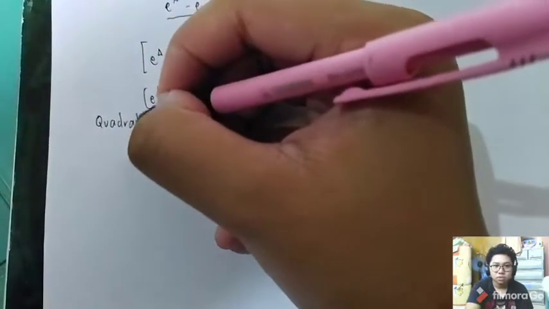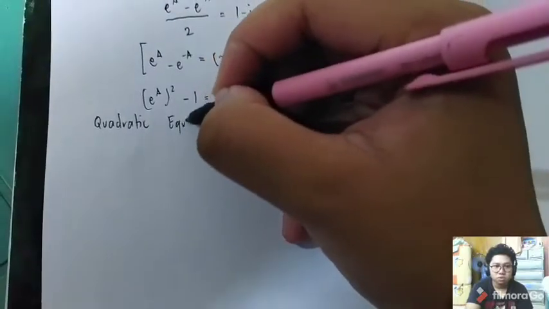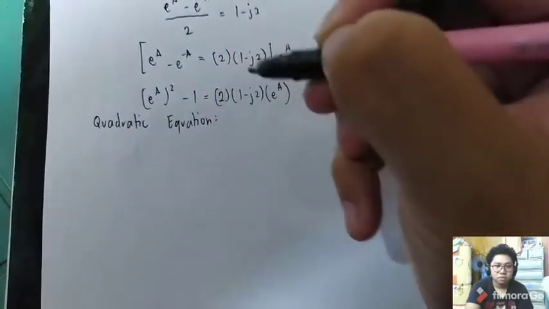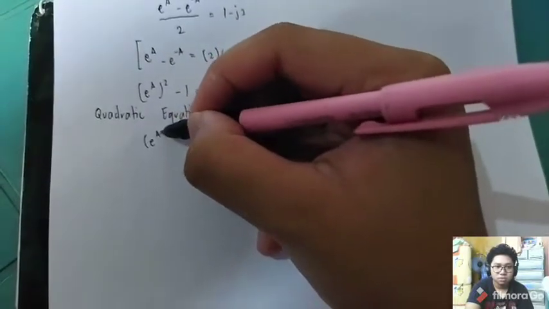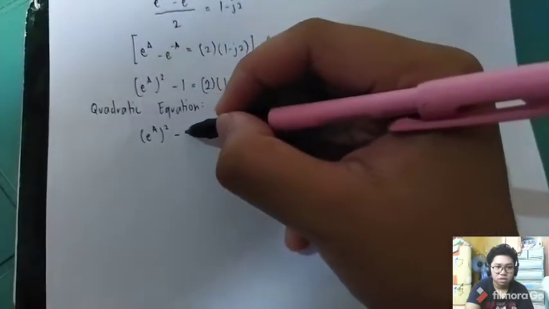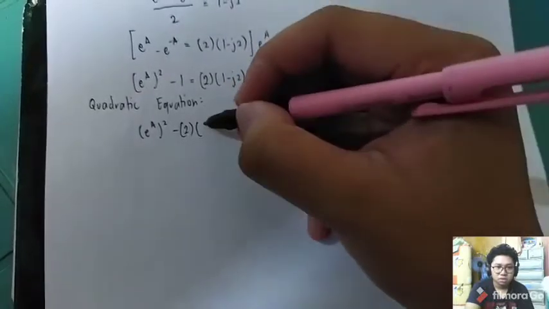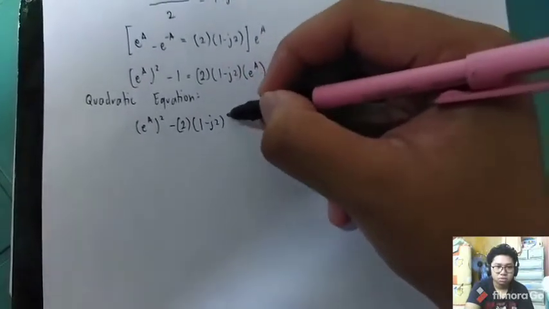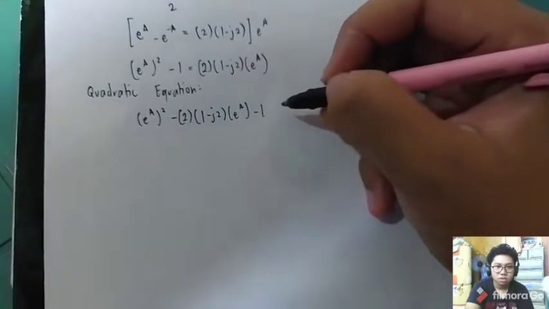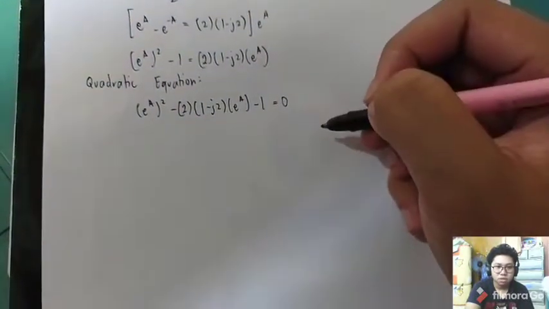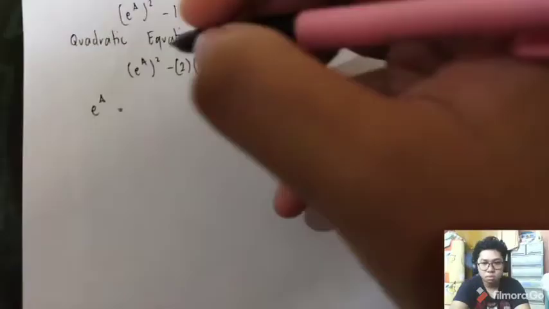Then we will transpose the variables so that we form a quadratic equation, that is e raised to a squared minus 2 times 1 minus j2 times e raised to a minus 1 is equal to 0.